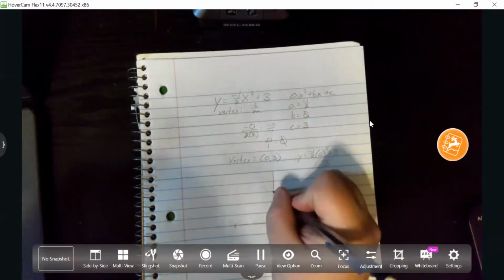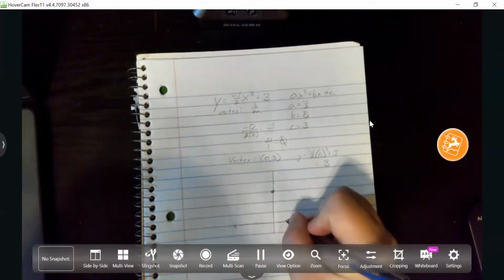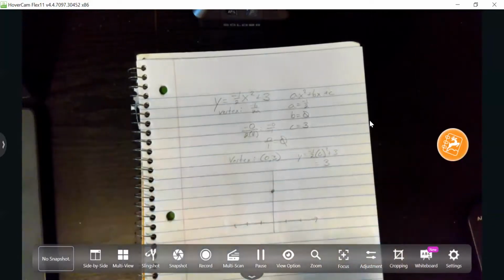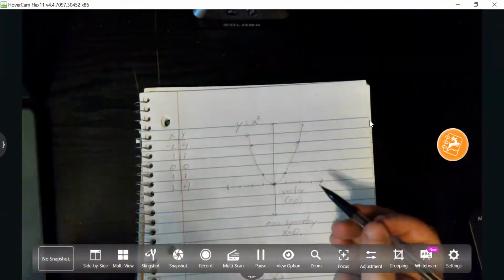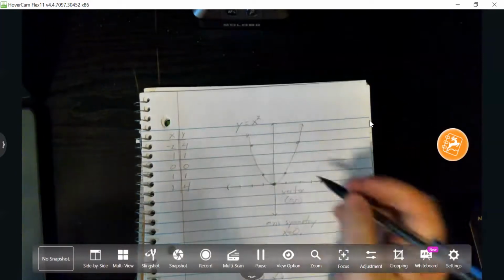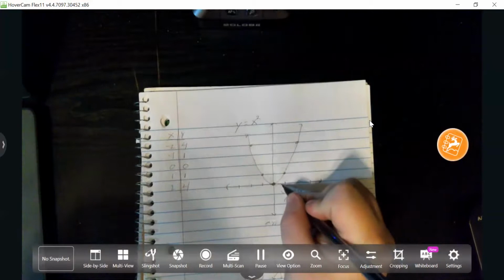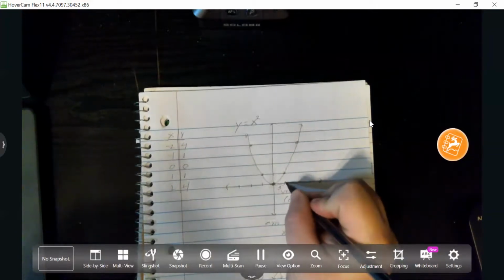Zero, 1, 2, 3. There's my vertex. Now, when we look back at our original parent graph, we have a very specific pattern. Because we're squaring things, if I go over 1, here's a distance of 1, and then I square that, I go up 1, because 1 squared is 1.